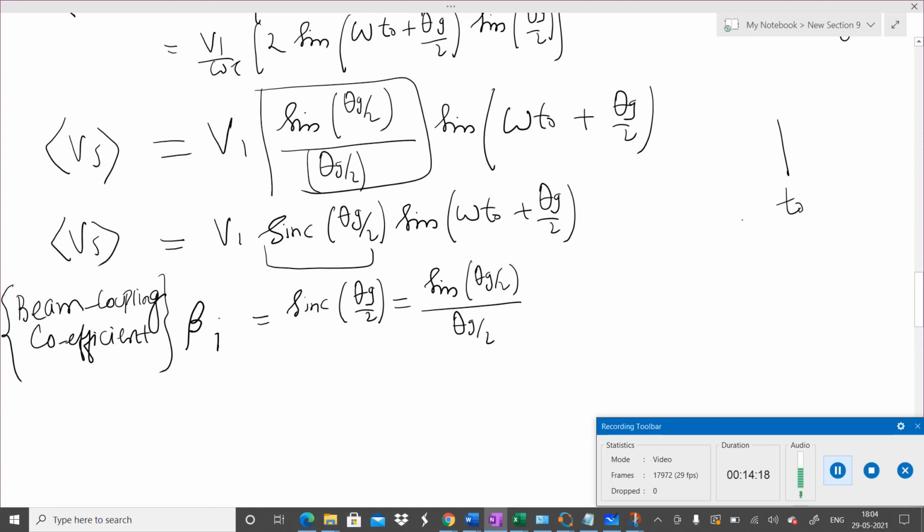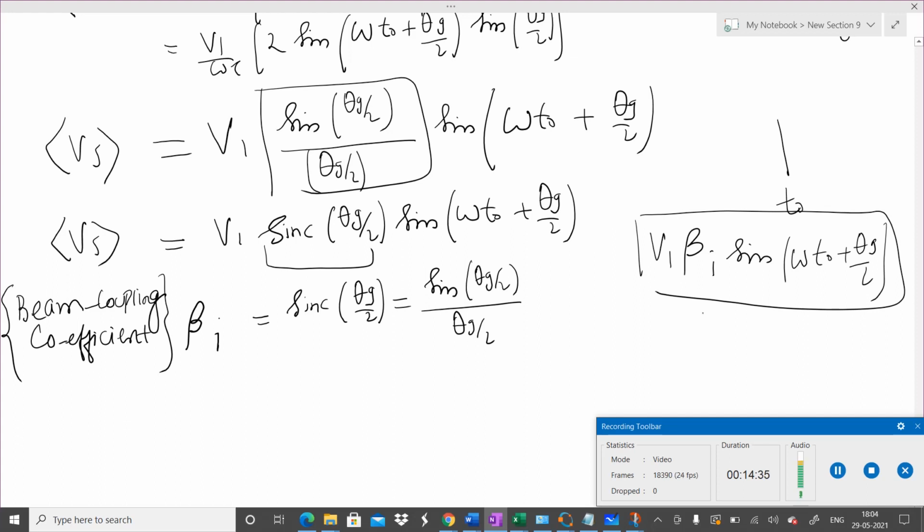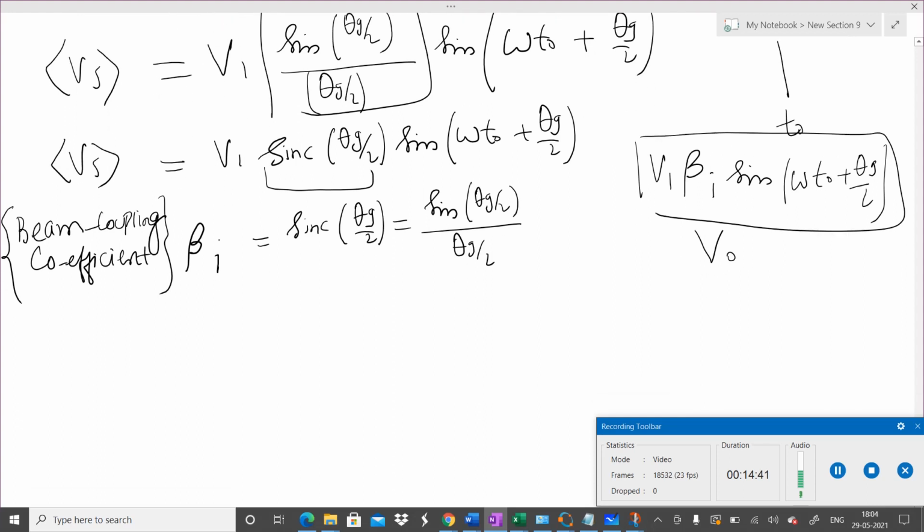At t naught it gets this potential sine of omega t naught plus theta g by 2, times this beta I. Now this is the beta I, and also there will be v1, and it had already a potential of v naught, the external DC potential. So what is the net potential immediately after it exits? That will be v naught plus this whole thing.